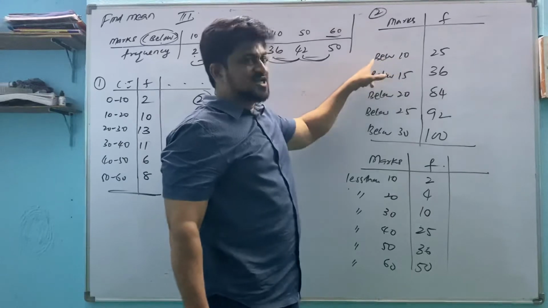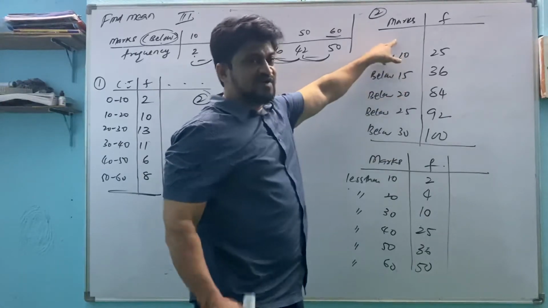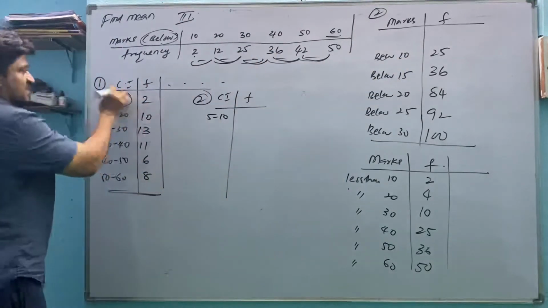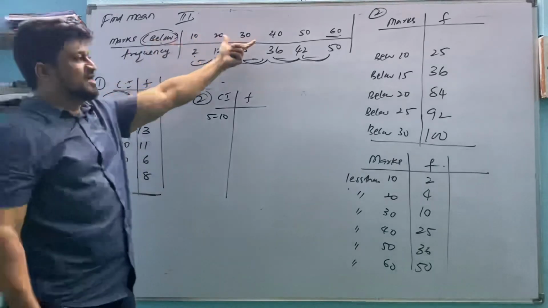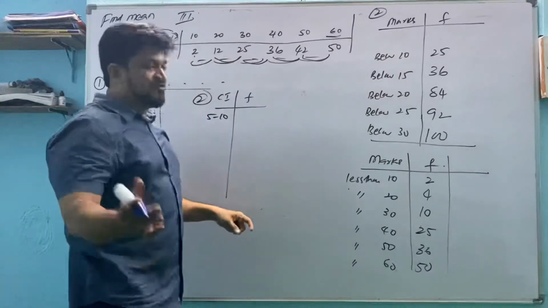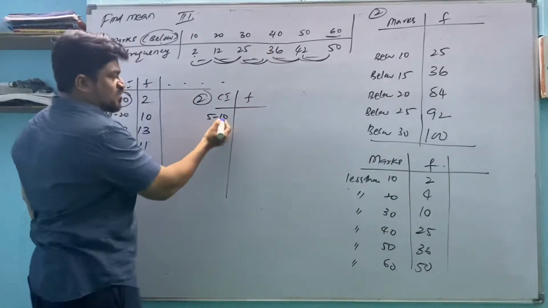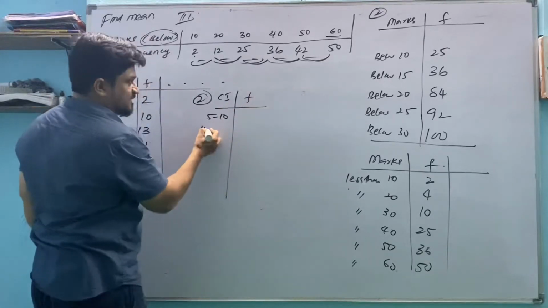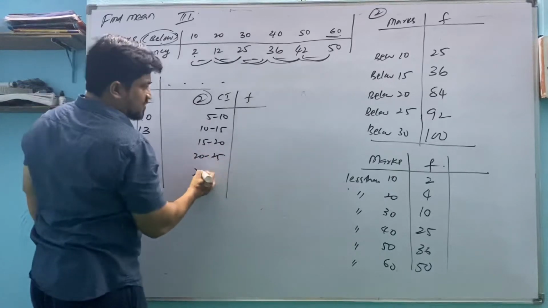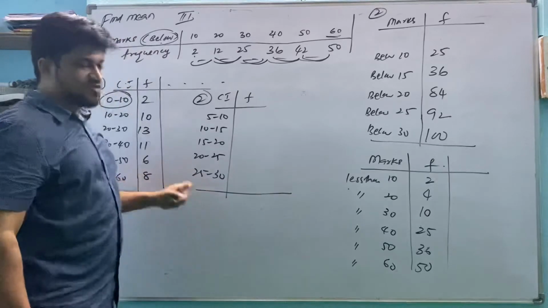So what is the first class then? 10 minus 5 is 5, so 5 to 10. Here we are taking 0 to 10 because 10 values we should get. Here the difference is 5, so 5 values we have to get, so 0 to only 5. Then once we got the first value, the rest you can arrange: 5 to 10, 10 to 15, 15 to 20, 20 to 25, 25 to 30. Don't take 30 to 35. Below is there, so we can't go further.